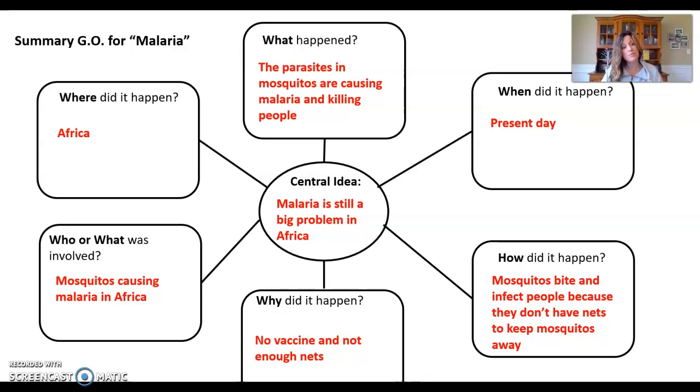Now, I know that I did this for you, and you are creating this. So that means when you come to class, next time I see you, I will be checking for this organizer and that you have all of the red print that I have on the papers, on the screen here, in your organizer, okay? It's a very, very important step because you're going to need this tomorrow.